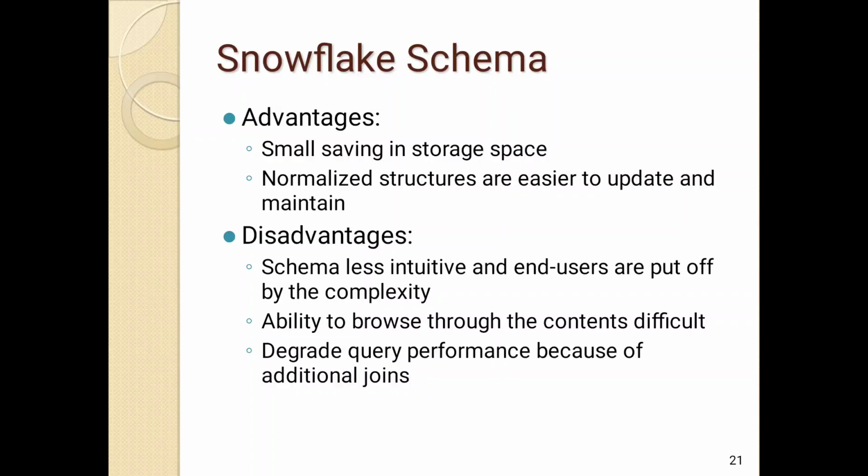And what about the disadvantages? It is a less intuitive schema and end users are put off by the complexity. Ability to browse the contents is difficult. See, for browsing, I'm getting the detail in the same table. So if I extend the dimension, my query length will also be extended.